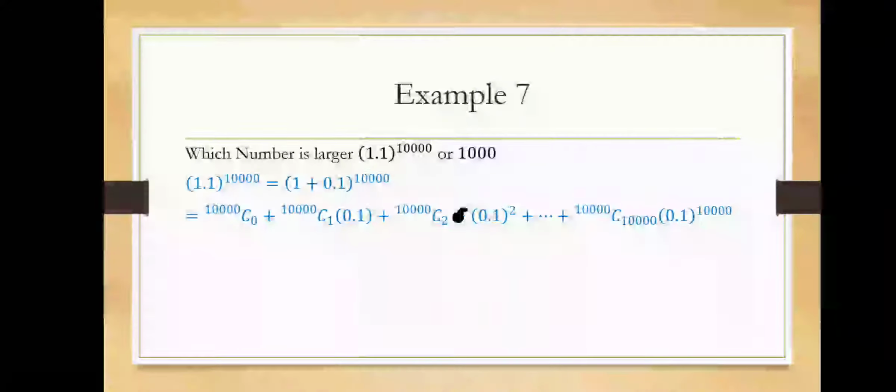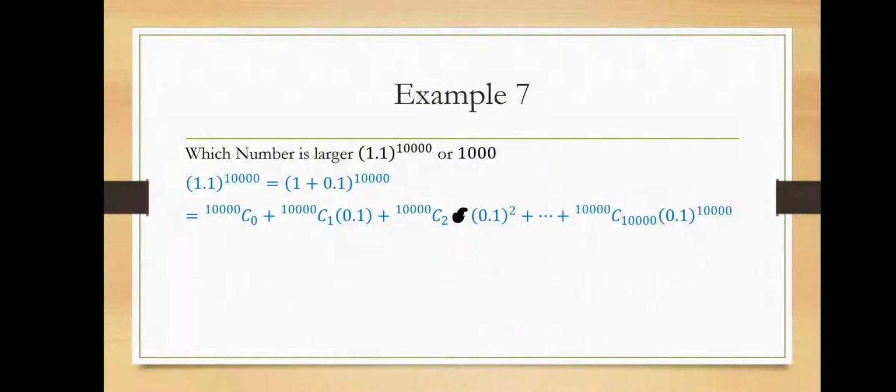We don't require all these terms, we just require the first two terms, and that will be more than enough. So 10000C0 is basically 1, 10000C1 is 10,000 times 0.1 which gives you 1,000, and then there will be other terms. I don't need to bother about the other terms because our work is done here itself.